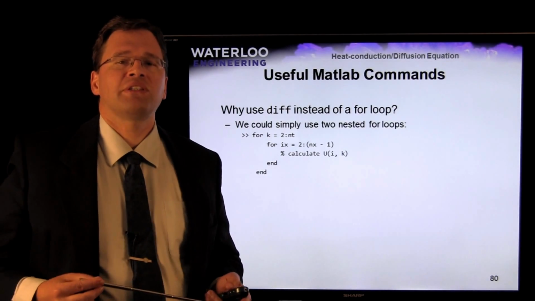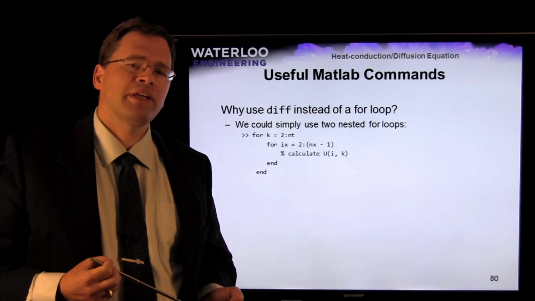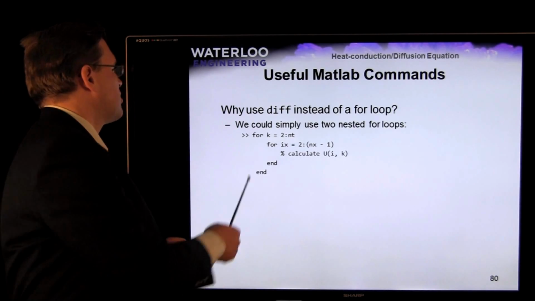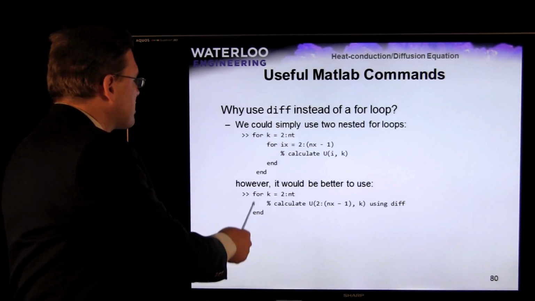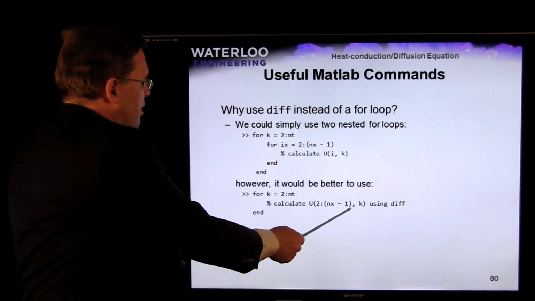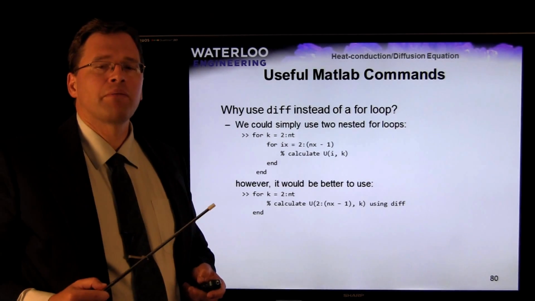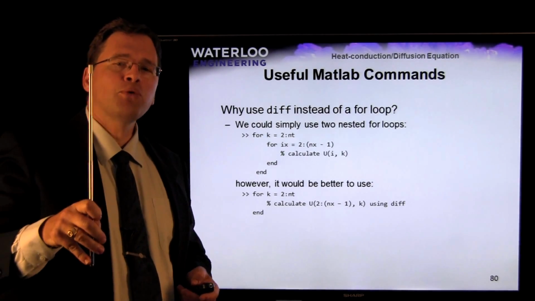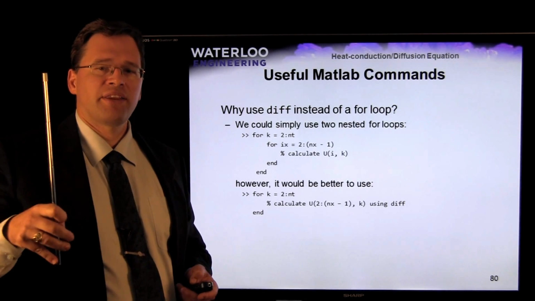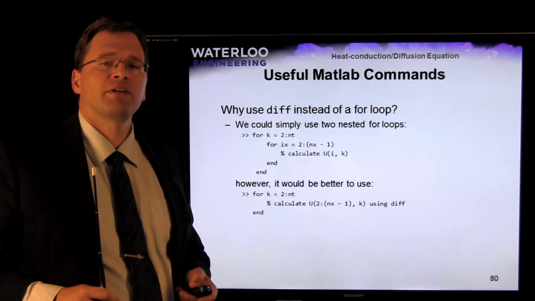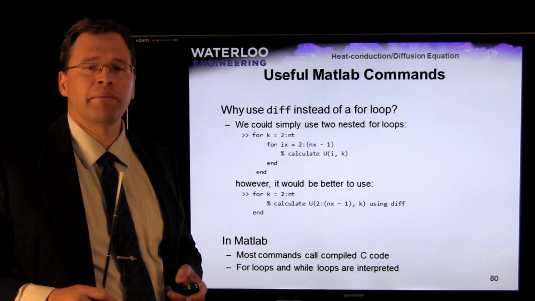Now, why would you want to use diff instead of a for loop when you're writing your function? Well, you could just have 2 nested for loops, or you could have just a single for loop where you use a diff function, where the diff function does most of the work to calculate the kth column, where k goes from 2 to n sub t.